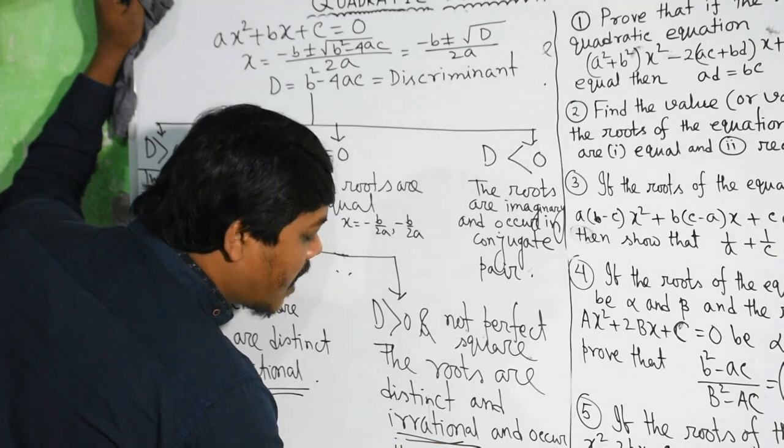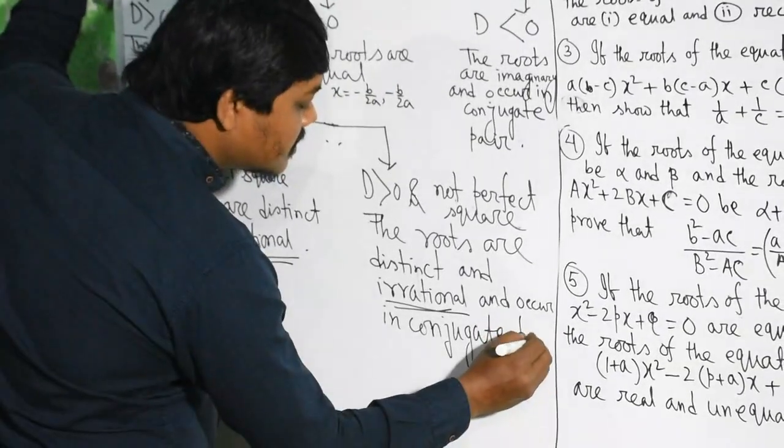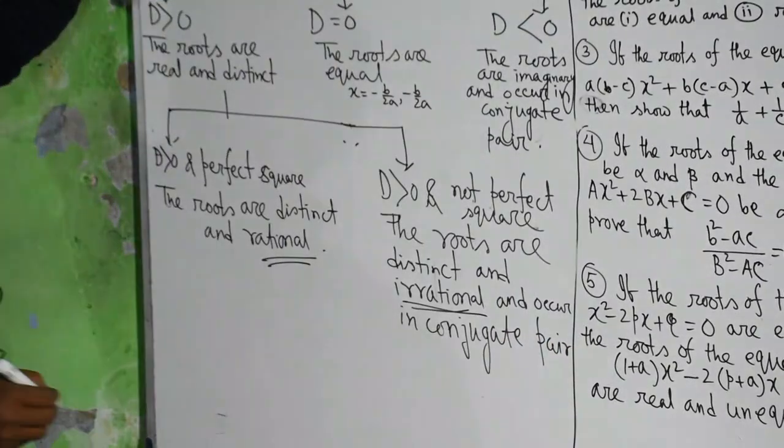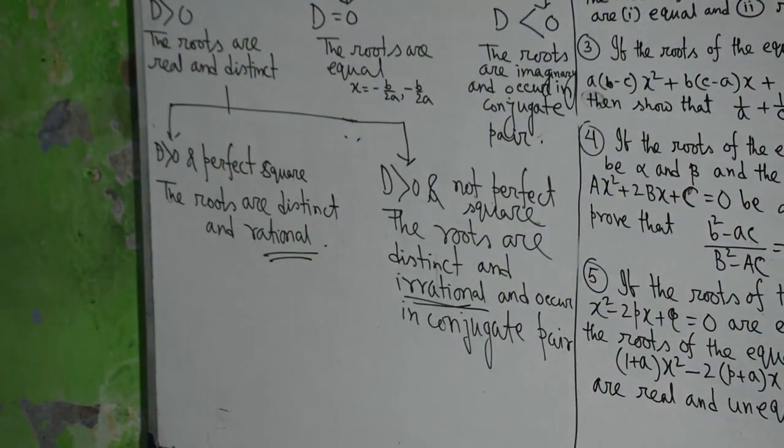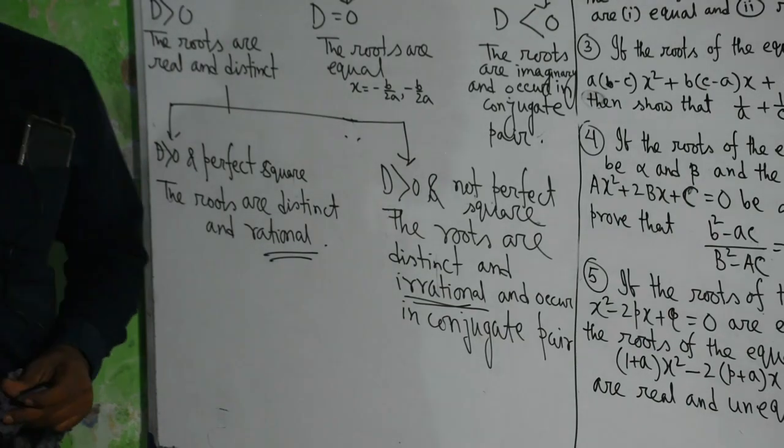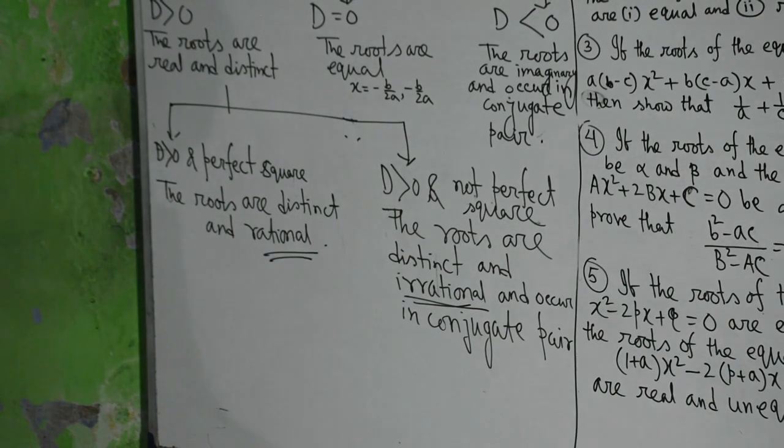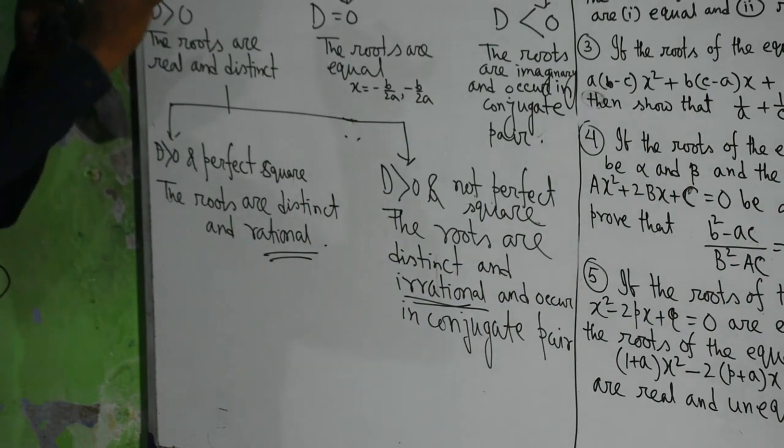That means one root is 2 plus root 3, another is 2 minus root 3.